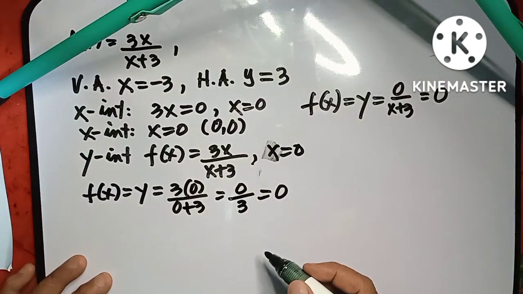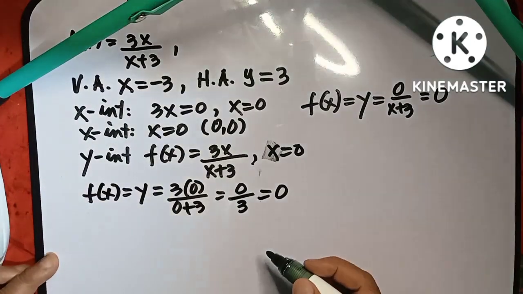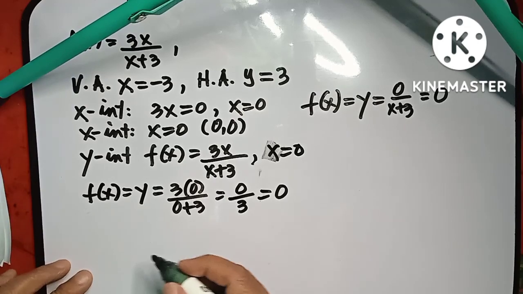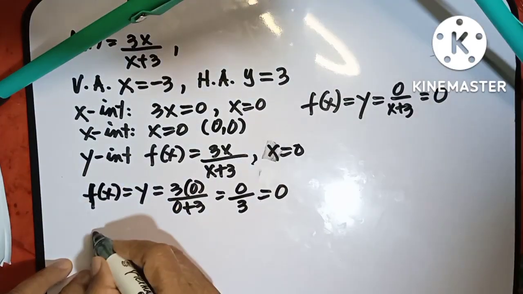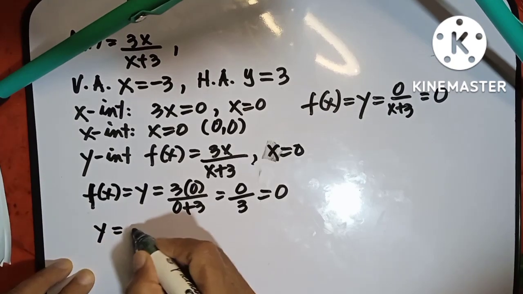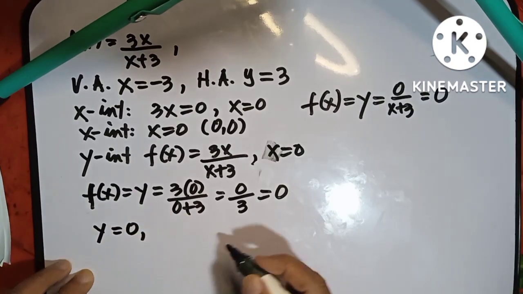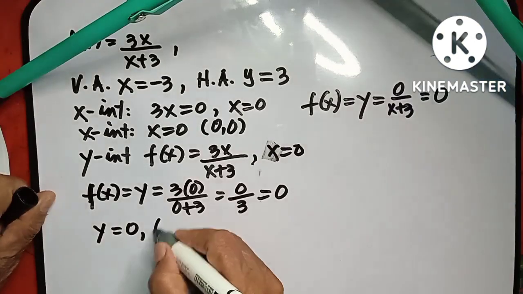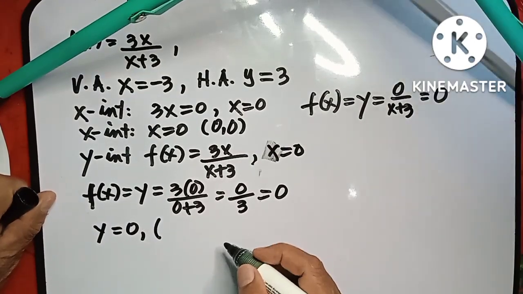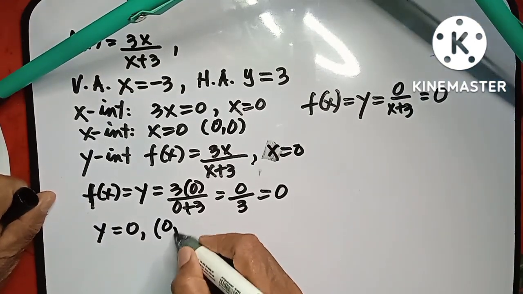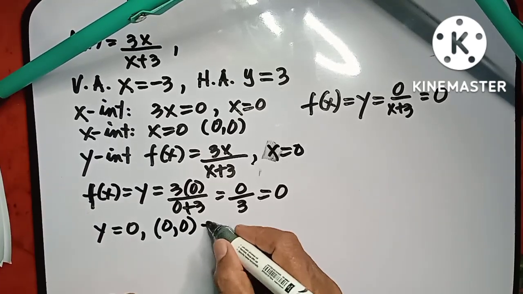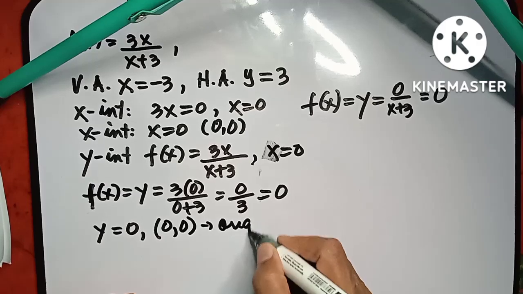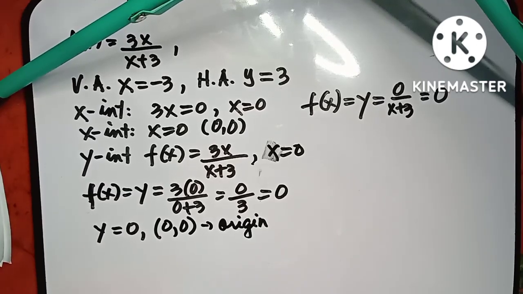So our y-intercept is also 0. And the point on which the y-intercept is located is also 0, 0. 0, 0 is the origin.